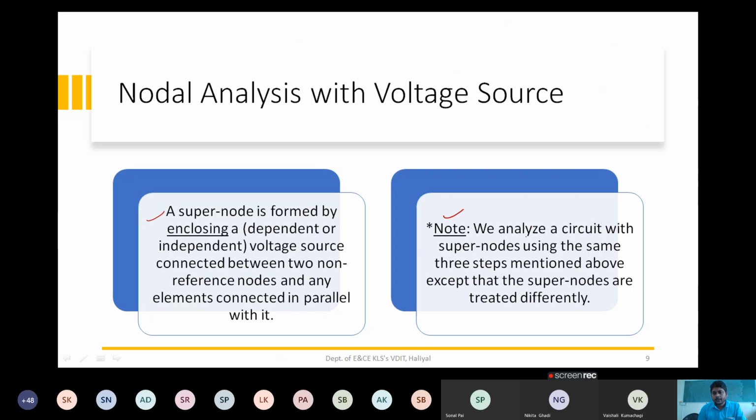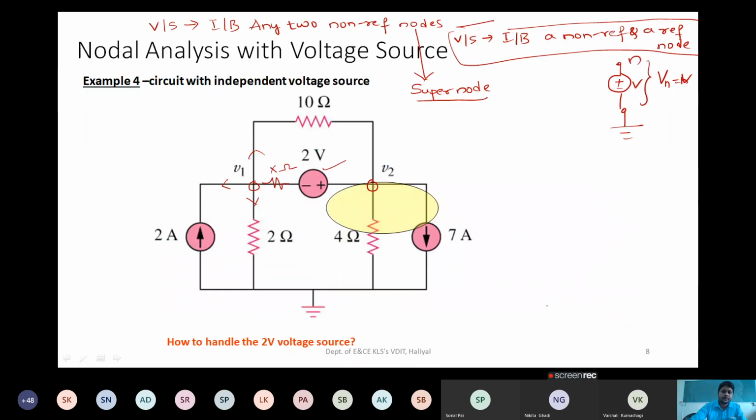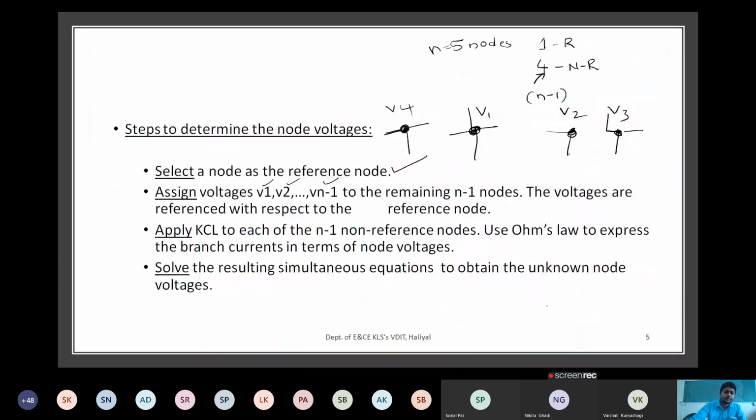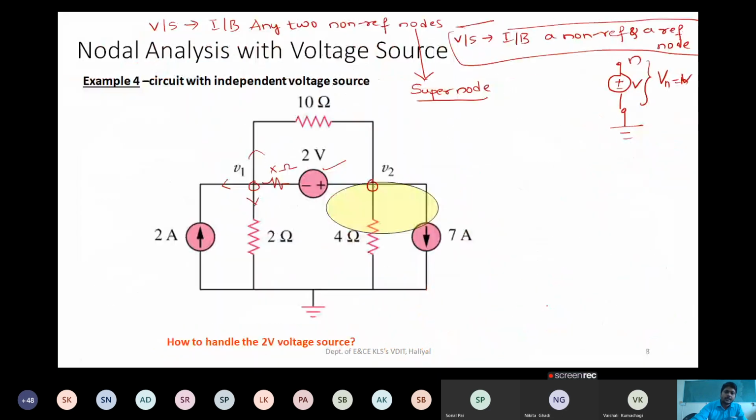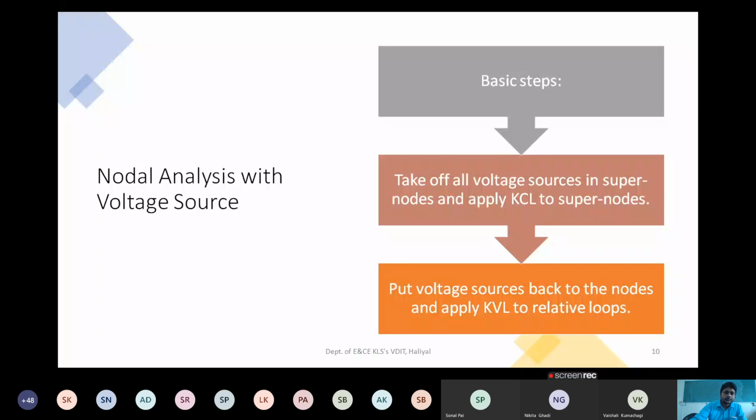We analyze a circuit with super nodes using the same three steps mentioned above, except that the super nodes are treated differently. Three steps means these three steps that we have seen, and we'll see that in detail anyhow. Please mark this as an important step, with three stars.